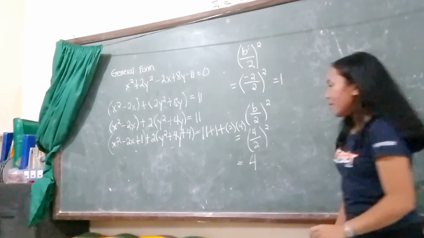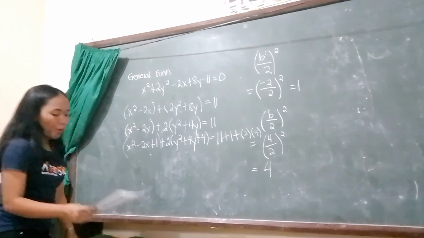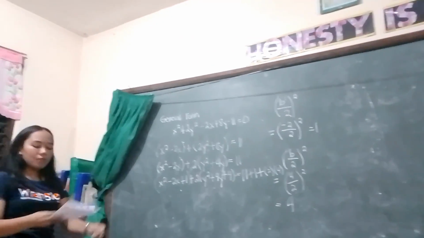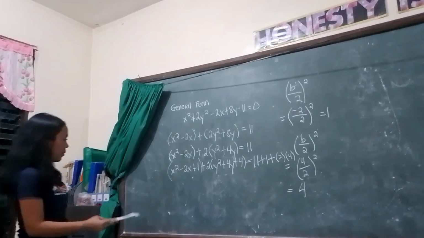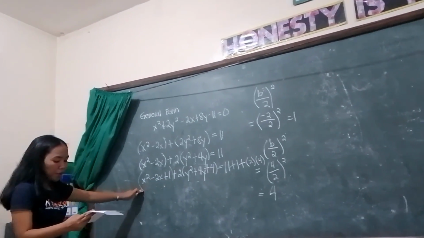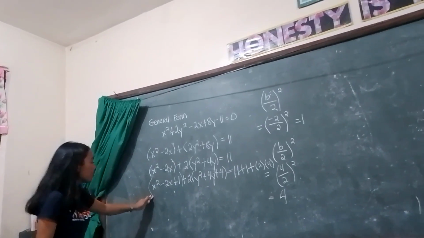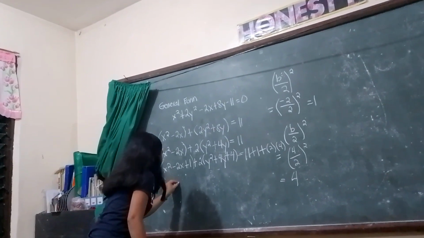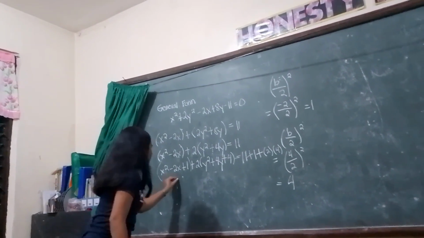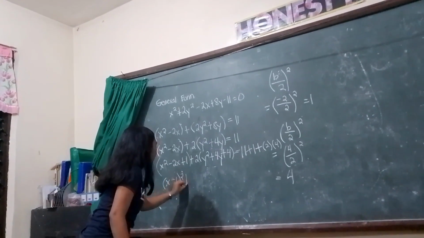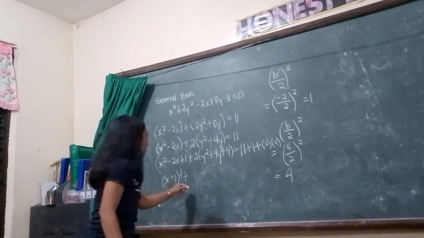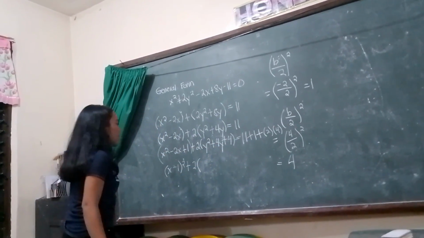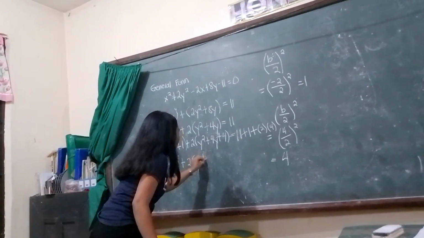And to square the binomial, we have to factor or square this term. So to square this term, we have x minus 1 squared plus 2, the square root of this one is y plus 2.